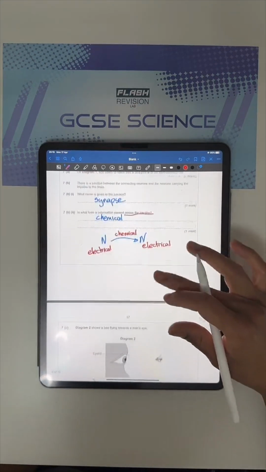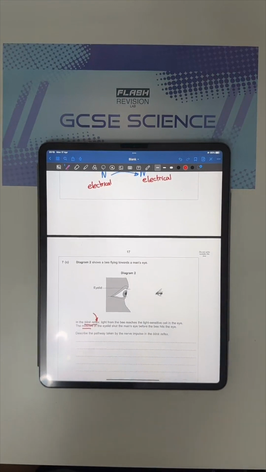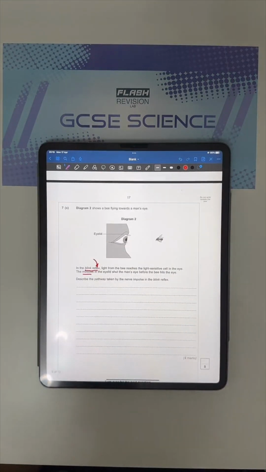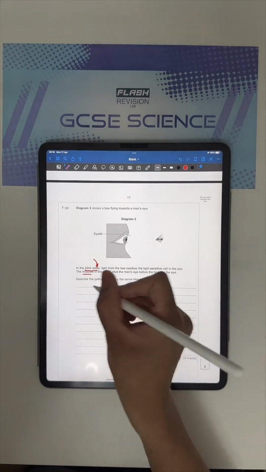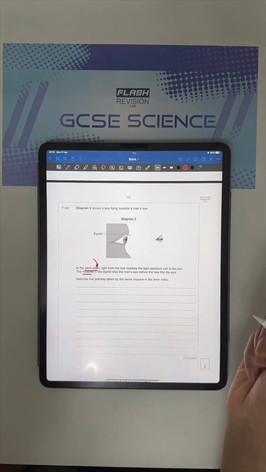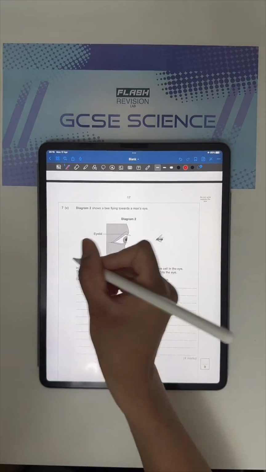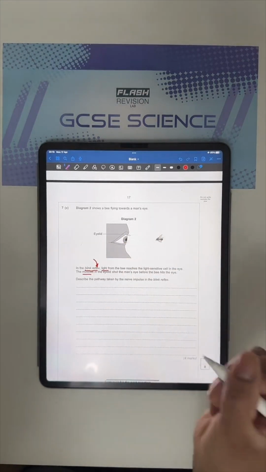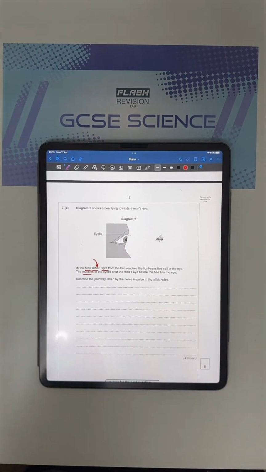So let's try and summarize for 4 marks what's happening here. Describe the pathway. So we're going to basically talk about those things. It's just asking about the blink reflex, so we don't need to really talk about stimulus. We know the stimulus is the light, but the thing that's sensing the light, what would we say? What part of the body is sensing the light?